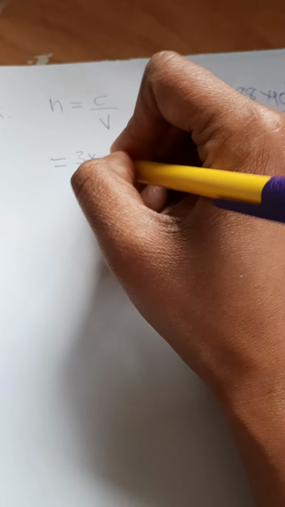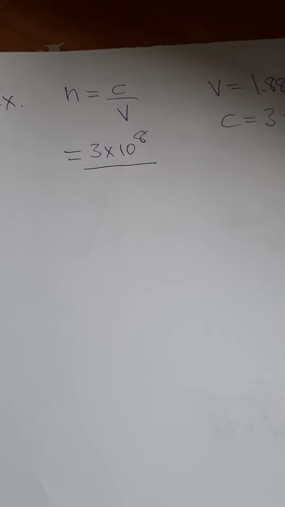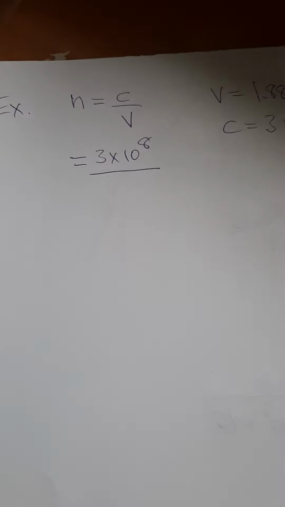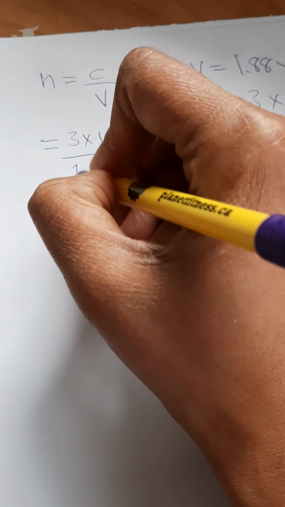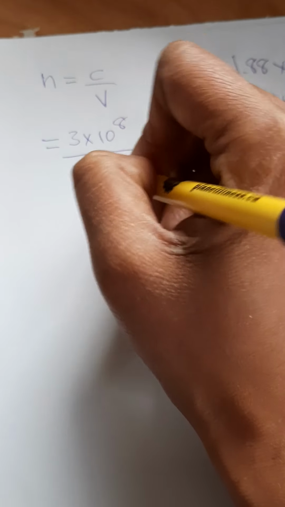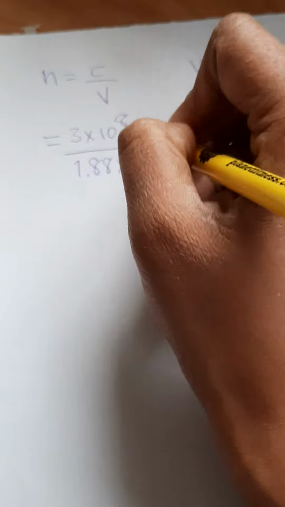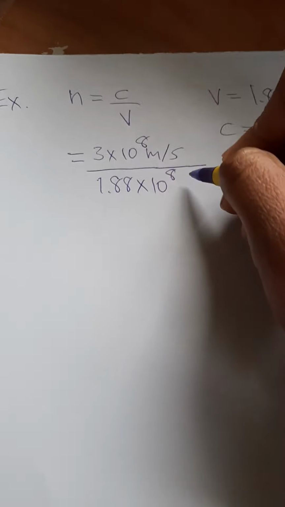What I'm going to do is plug it into this formula, and we're basically just dividing these two values, 3 times 10 to the 8 divided by 1.88 times 10 to the power of 8. You notice when I put the meters per second, the two values are just canceling out here. The unit should cancel out when you're getting your final answer.